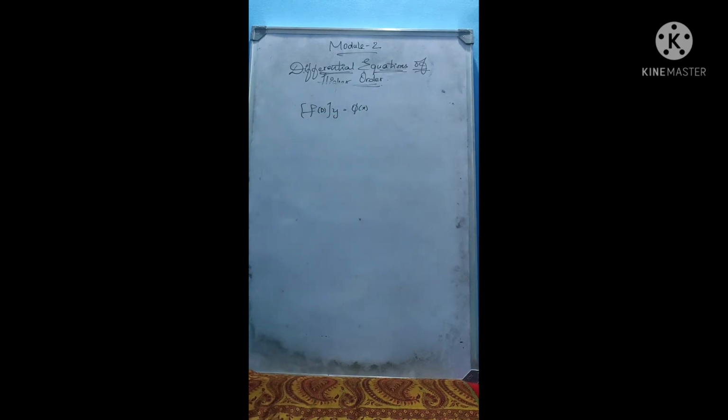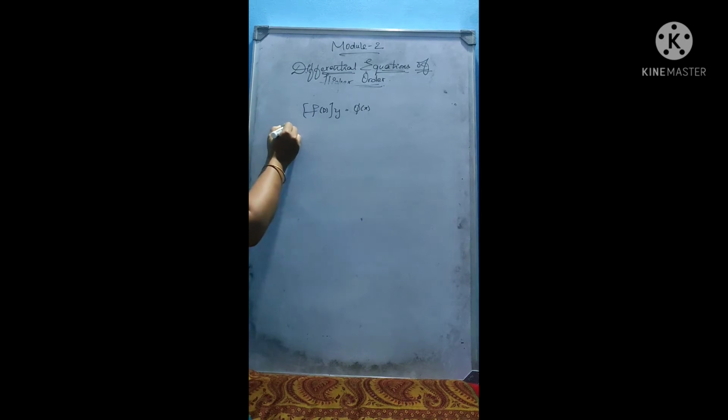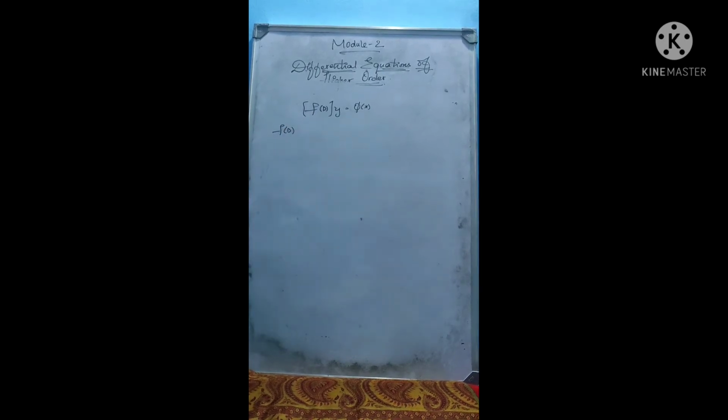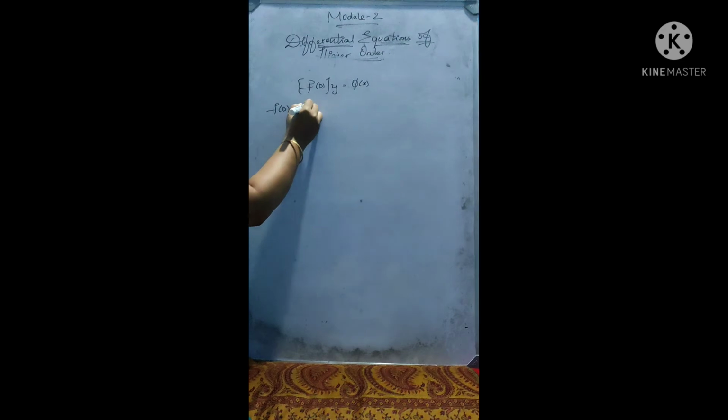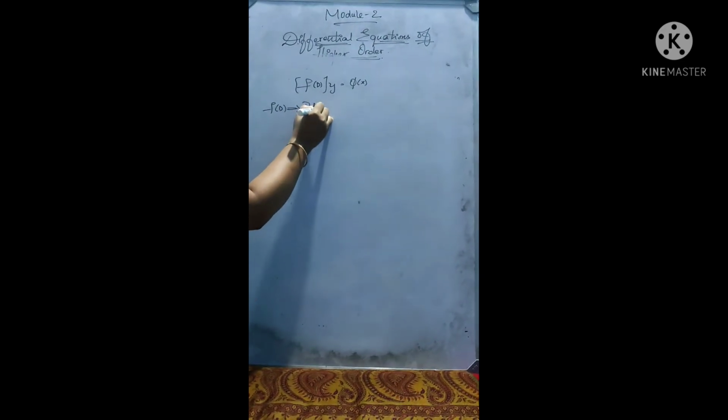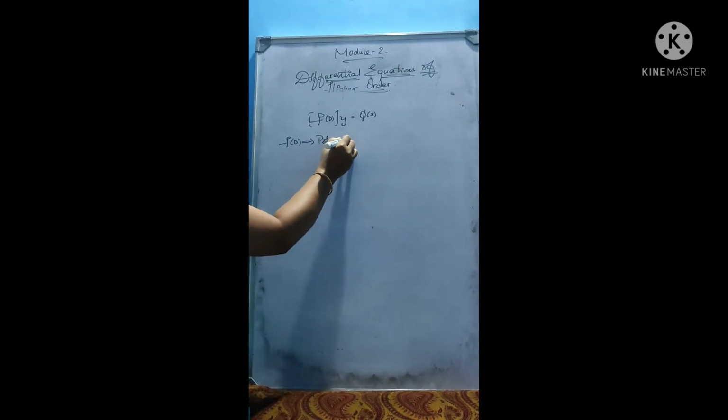Now consider f of D. F of D is a polynomial in D. Polynomial in D. Instead of x we have D. So it is a polynomial in D. So how do we solve? We solve a polynomial just like that.